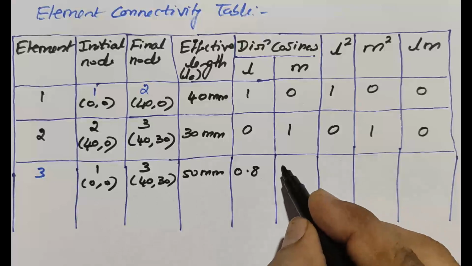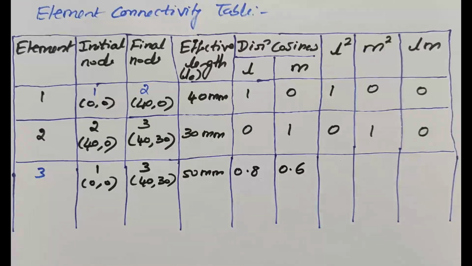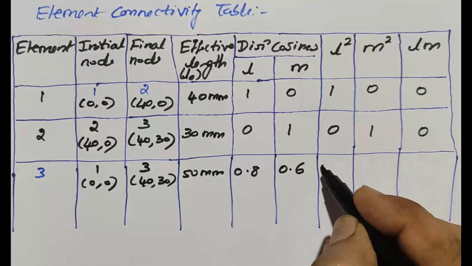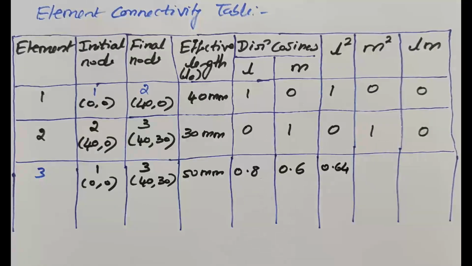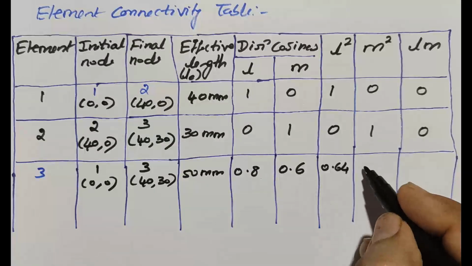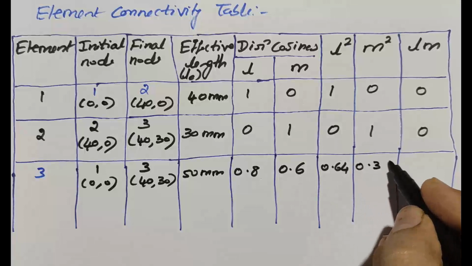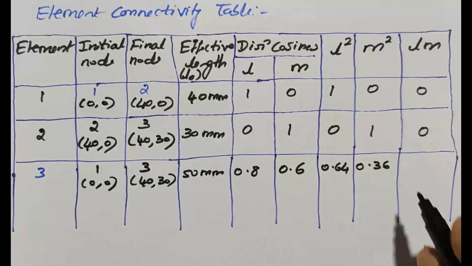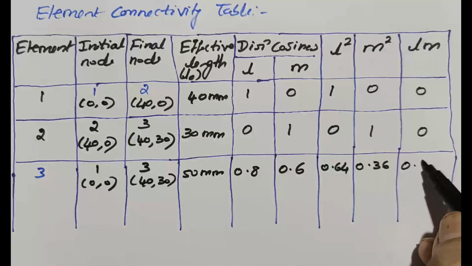It will be equal to 0.6. Next we want L square. 0.8 square is 0.64. Next M square. 0.6 square will be equal to 0.36. Next L into M. 0.8 into 0.6 is 0.48.